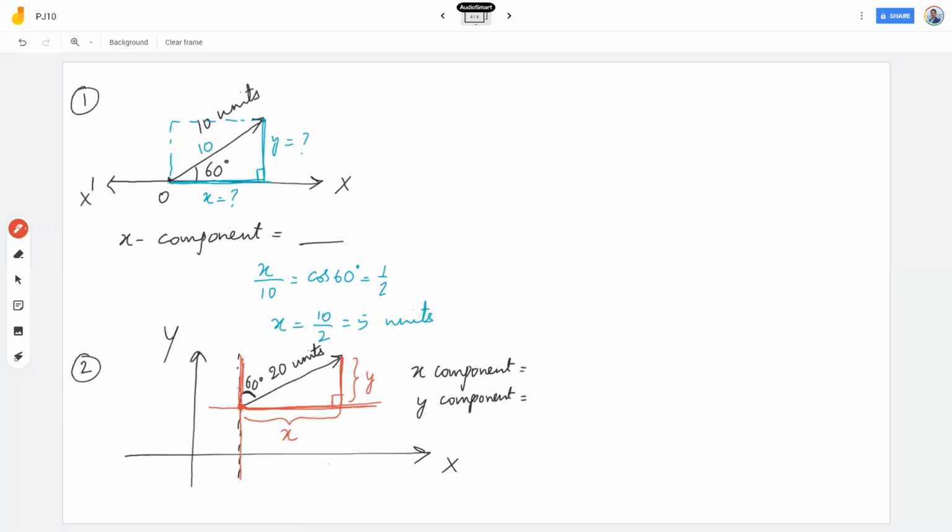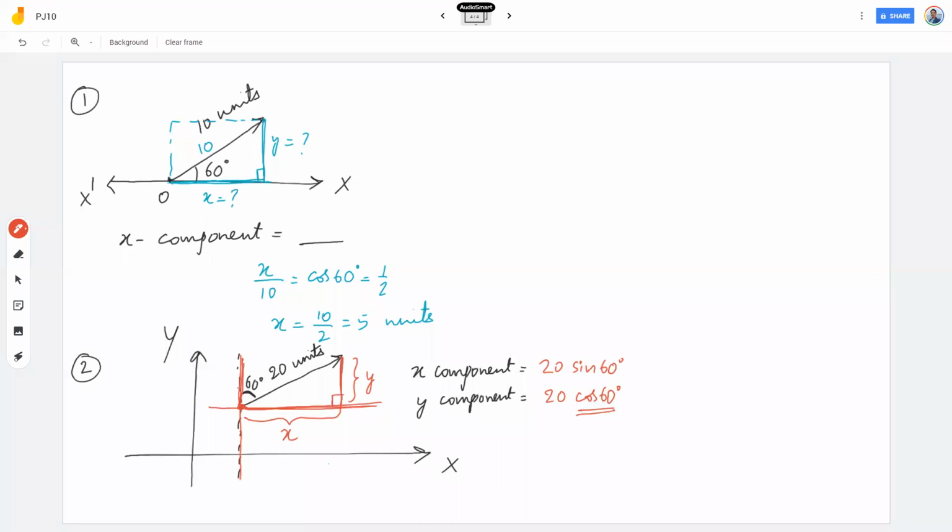Okay, good. So x component would be what now? See, the 60 degree angle is given on the other side, or the vector is making a 60 degree angle with the y-axis, not the x-axis. So y component would be 20 into cos 60 degrees. X component would be 20 sin 60 degrees. Did you understand why cos 60 degrees was used for the y component?